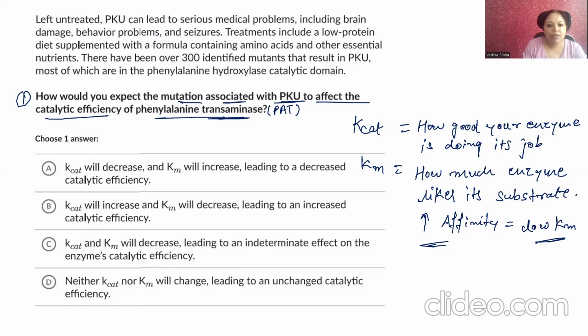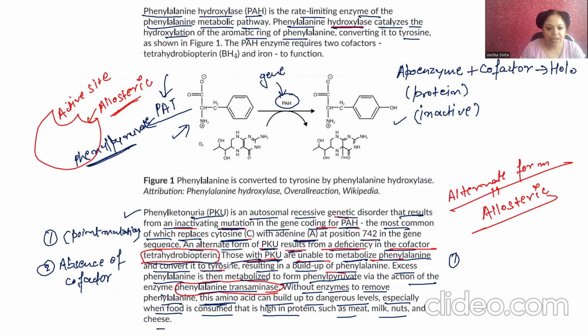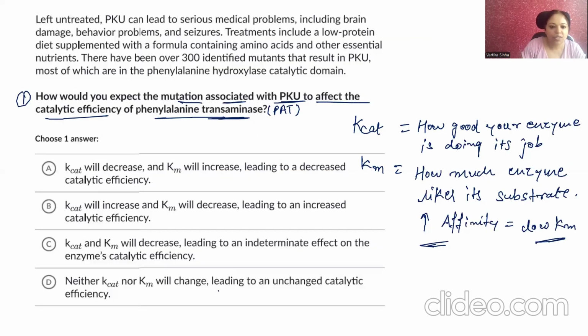The question is about how you would expect the mutation associated with PKU to affect the catalytic efficiency of the phenylalanine transaminase. If I go back to the question, they are talking about the point mutation in the PAH and not the point mutation in the PAT, right? So this option seems incorrect.